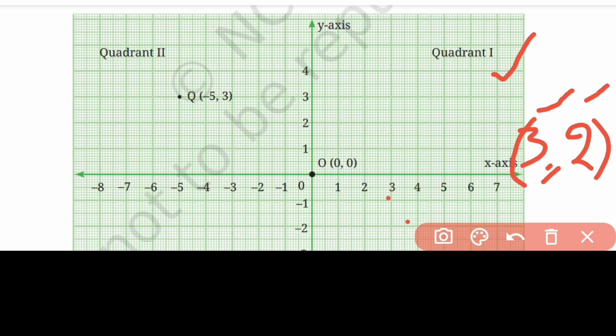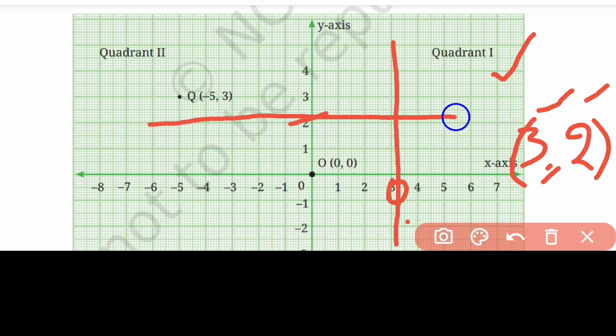That is this one. And next, y value is 2. On this y-axis, where is 2? This is the 2. This whole line belongs to 3 and this whole line belongs to 2. Wherever these two lines intersect, that point is represented as (3, 2). Therefore, this is the point (3, 2).